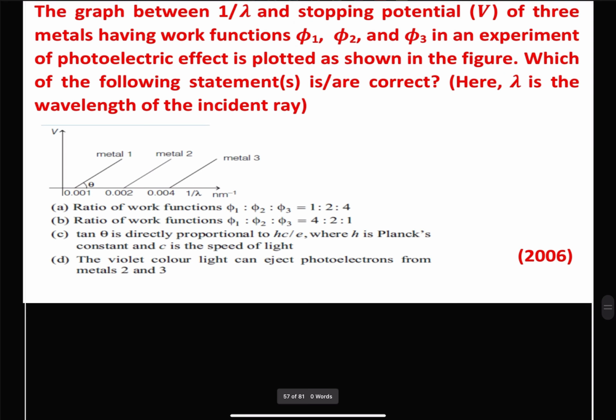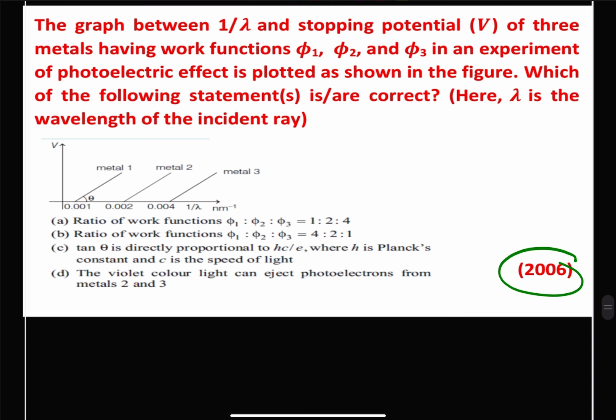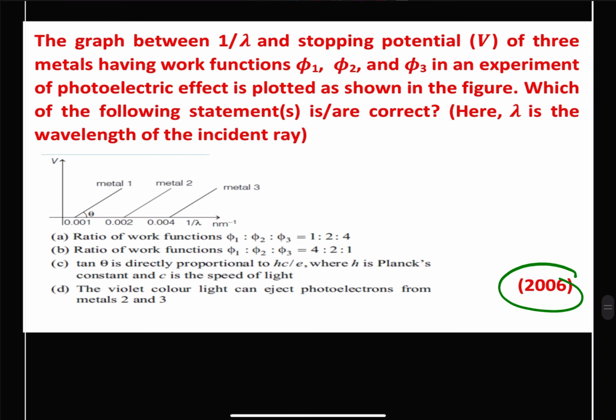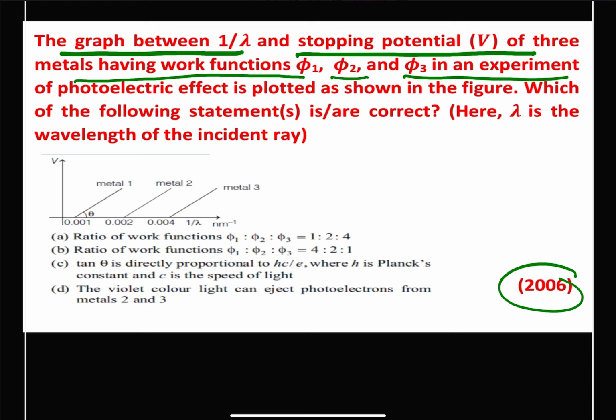It was also asked in the year 2006, and it states that the graph between 1 upon lambda and stopping potential V of three metals having work function of phi 1, phi 2 and phi 3 in an experiment of photoelectric effect is plotted as shown in the figure. Which of the following statements is or are correct?